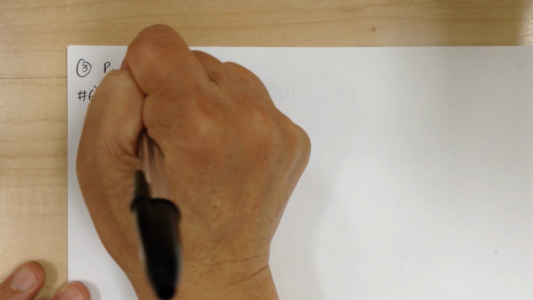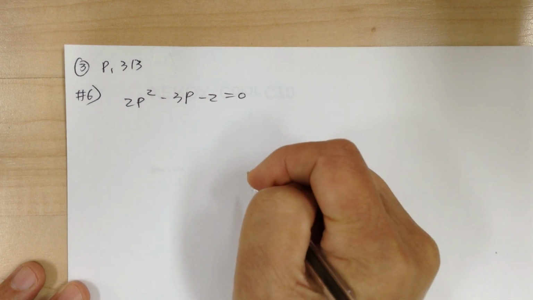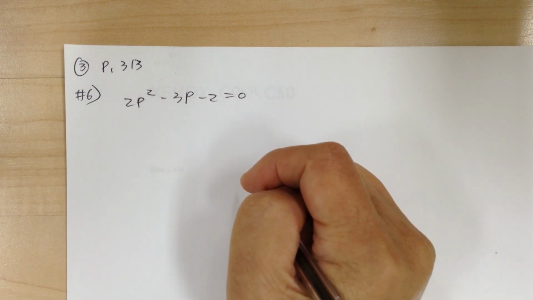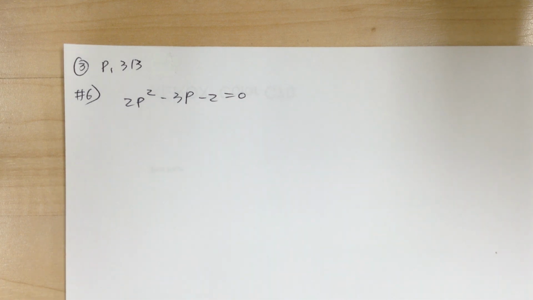You have 2p squared minus 3p minus 2 equal to 0. This one, you want to solve the equation. You can either do it by factoring or you can use the quadratic formula. Since this section is on the quadratic formula, that's what we're going to use.